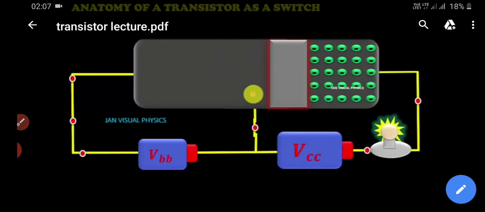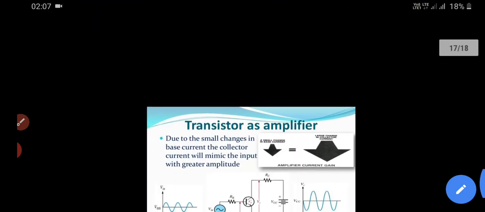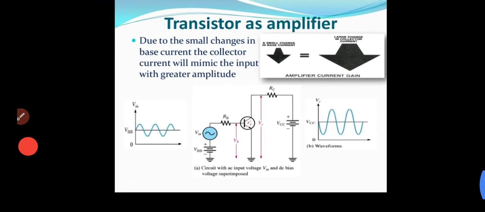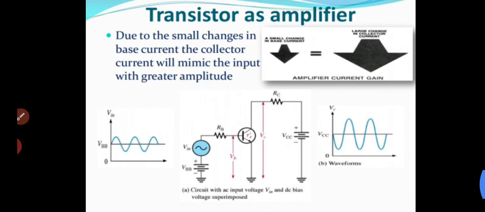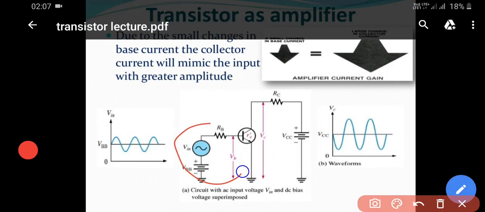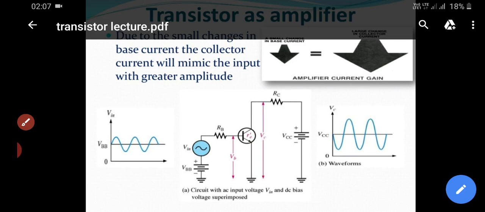Transistor as an amplifier. We can use transistor to amplify electronic signal and electric power. Due to a small change in base current, we can obtain higher collector voltage and current. Now transistor works as an amplifier.